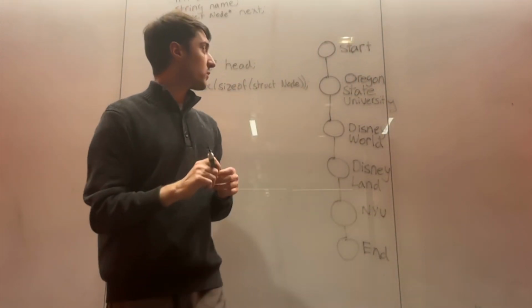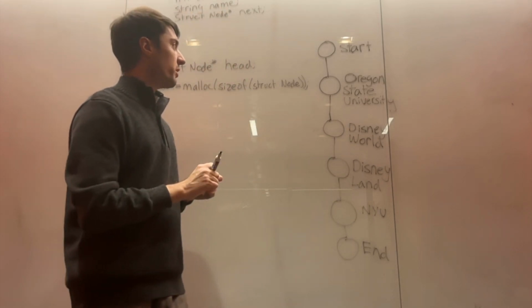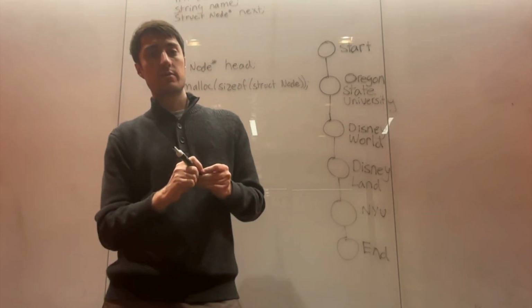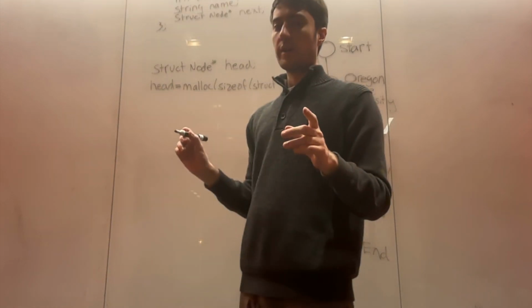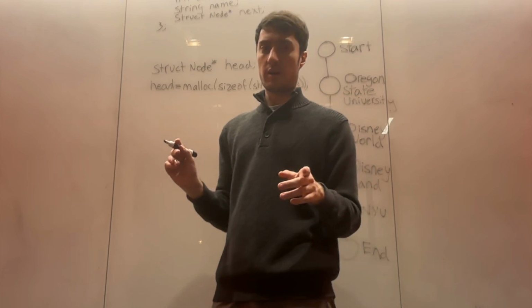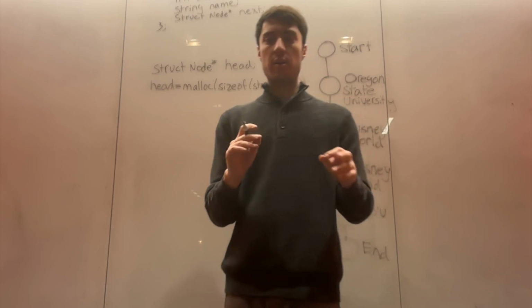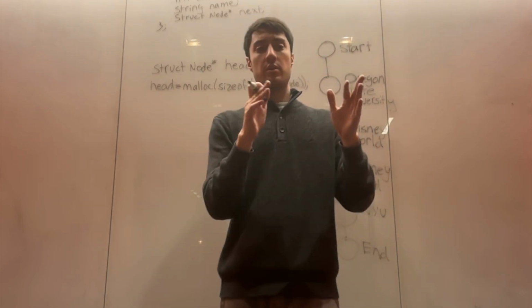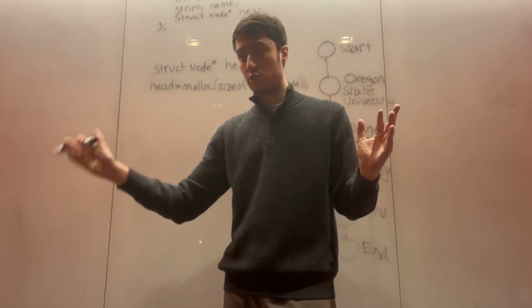Great, cool. So now what we need to do is we need to fill in the memory, right? So what we can do is, I talked about that arrow operator in one of my previous videos. So the arrow operator means dereference the pointer and then access a member of that struct variable.